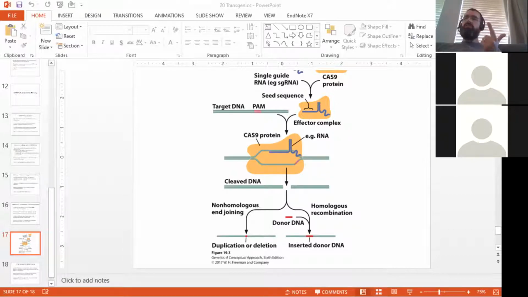Two, you'd need to, hang on a sec, Ali. You need to modify that virus so it expresses both the guide RNA and the Cas9 protein. And then those two things would have to be able to heritably knock out that particular gene. So in theory, it is possible.